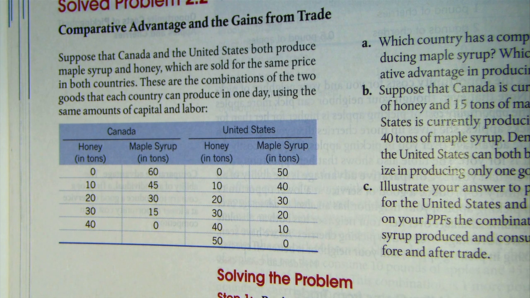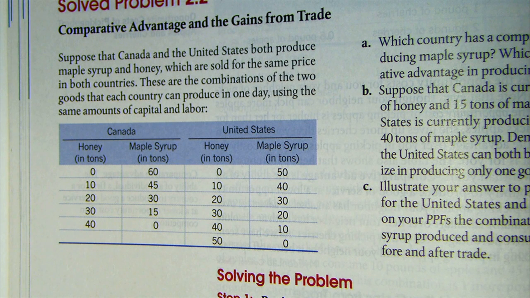What's that? US. So for honey to produce, you go from 0 tons to 10 tons. For Canada, they have to give up 15 tons of maple syrup.